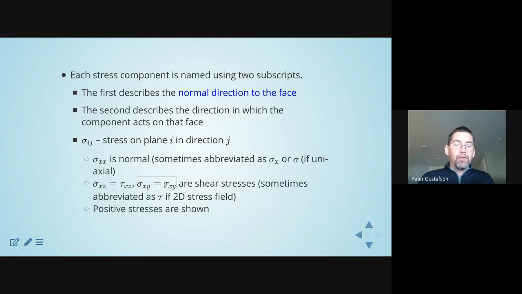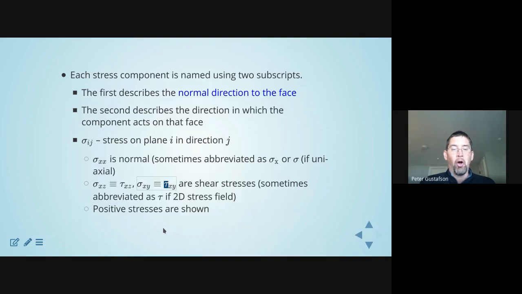The reason why you have seen tau written at times in your past experience is because usually when we're thinking about a two-dimensional stress field, then we might just call them sigma representing the normal and tau representing the shear. But in this class, we're going to largely drop that representation of tau, with one exception, which I'll allude to later in the semester.